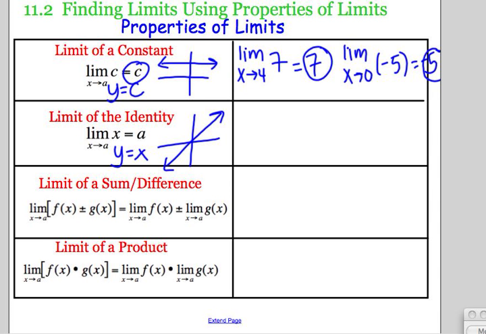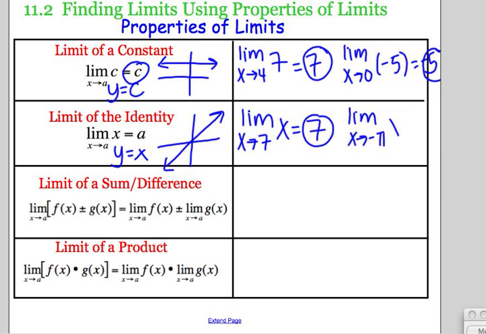So the limit as x approaches any number a is just going to be the a. For example, the limit as x approaches 7 of x is just going to be 7. Or the limit as x approaches negative pi of x is just going to be negative pi.